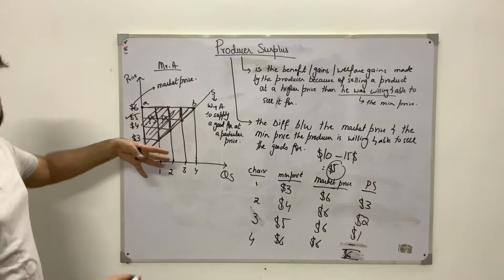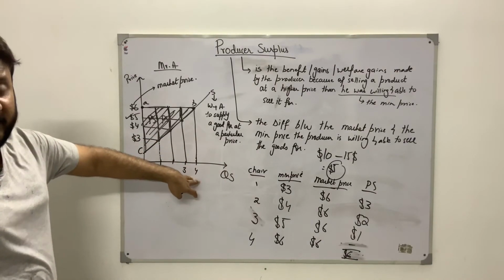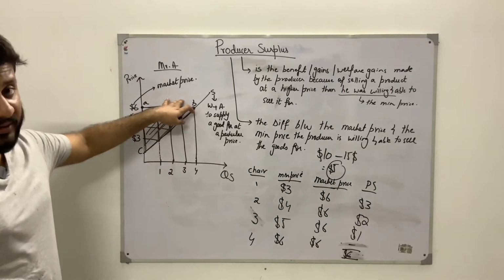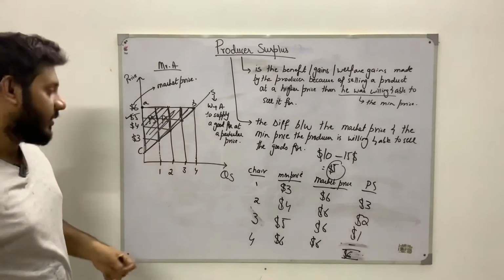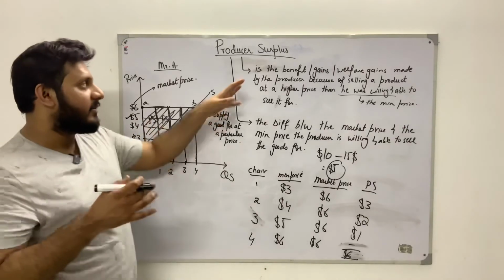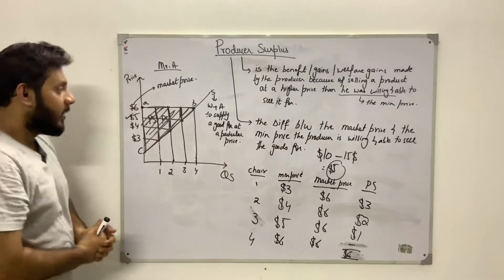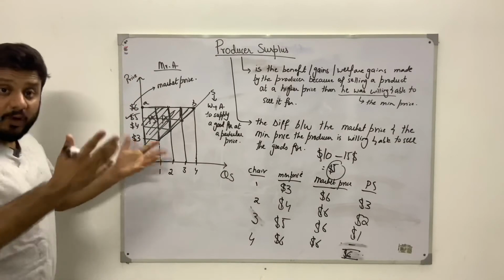So it's representing the producer surplus that the producers have gained by selling these 4 chairs at a much higher price than the price they were actually willing to supply them for. So producer surplus is nothing but the producer's welfare, or the welfare gains made by the producer. So this is all about producer surplus, guys.